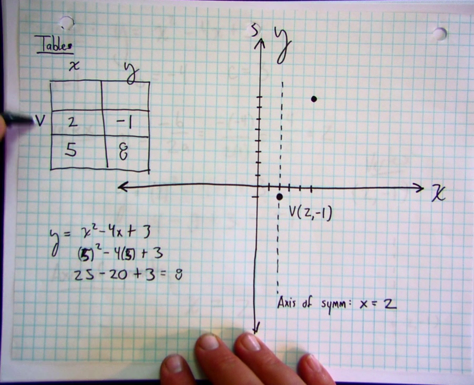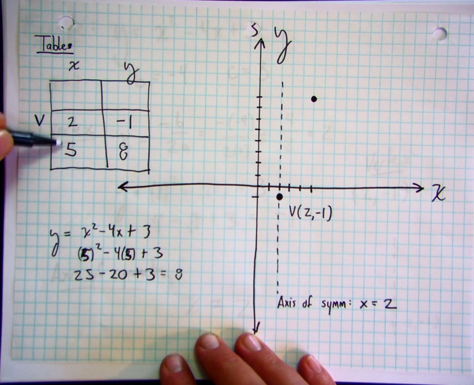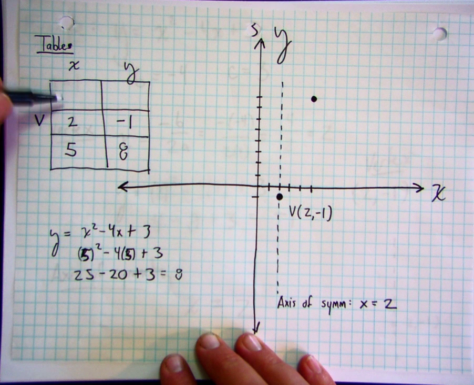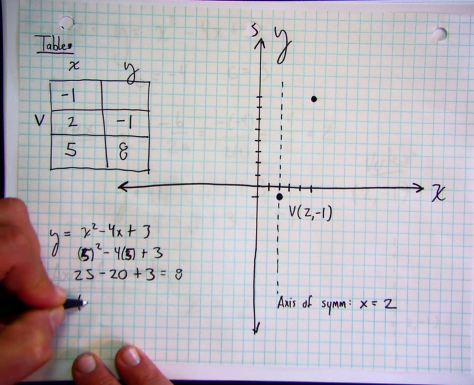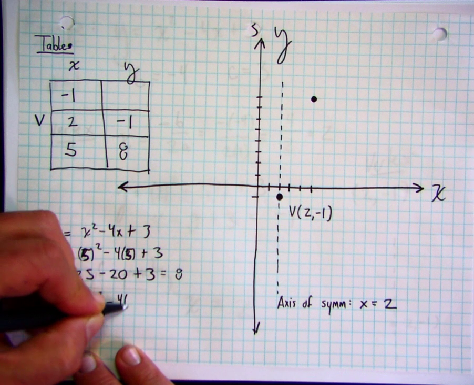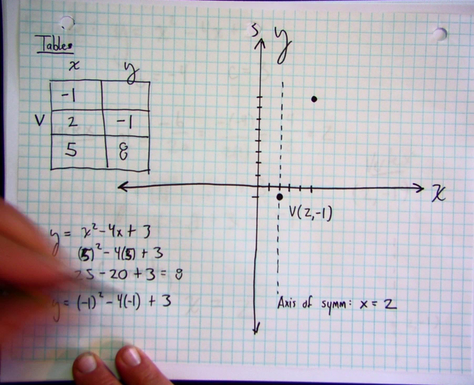Now we can choose another value, more negative. It really helps if we choose a number that's just as far away from the vertex as the 5. So 2 to 5 is a positive 3, so let's go backwards: from 2, let's go back 3. That's going to be minus 1. If you plug in minus 1, you have minus 1 squared, minus 4 times minus 1, plus 3.